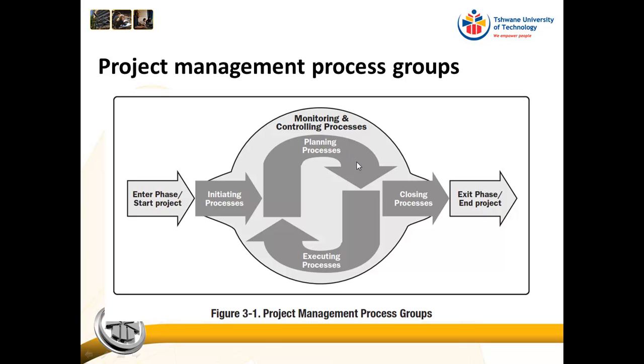Then also we plan in the beginning, but as more information becomes available, sometimes during the executing process, we might want to update the plan. So you can see that this is an iterative process where planning and execution become iterations.